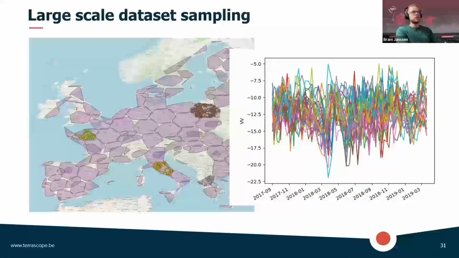But also other useful tools for machine learning are available. One of the key activities is the large-scale dataset sampling, which is facilitated by using openEO, and really the fact that you can do a lot of processing in parallel is where openEO really starts supporting these kinds of activities.